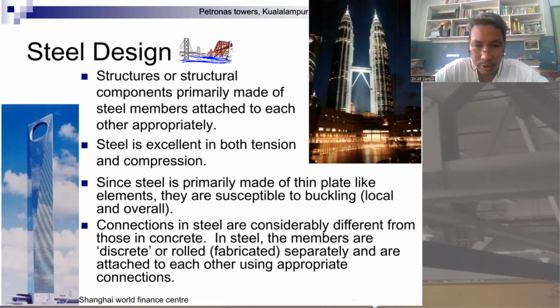In steel, the members are discrete, meaning hot rolled or cold rolled, fabricated separately, and attached to each other using appropriate connections like rivets, bolts, pins, welding, and so on.